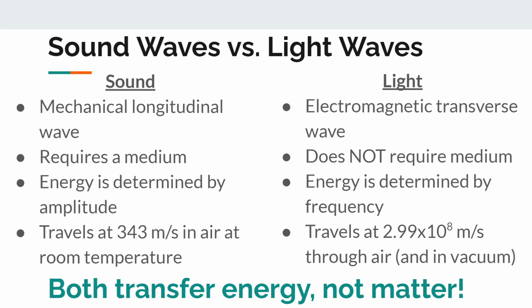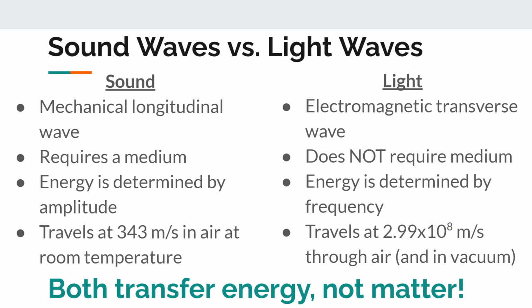Okay, if you're comparing it to light, again, sound is mechanical and longitudinal. It requires a medium. Its energy is determined by its amplitude, and it travels at 343 meters per second in air at room temperature. Light, on the other hand, is electromagnetic and does not require a medium. Its energy is determined by frequency.